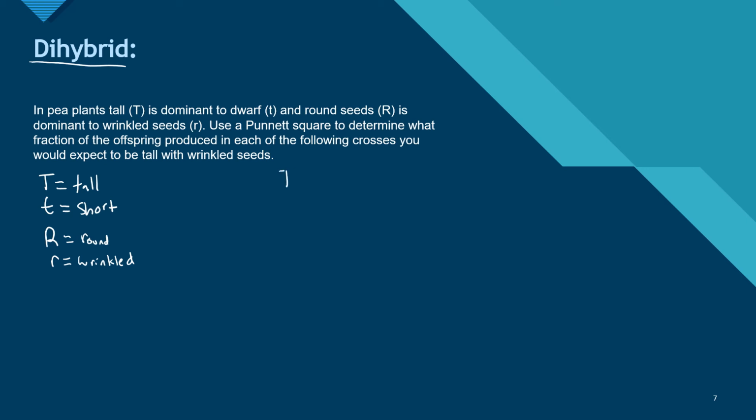So we have a tall, wrinkled seed. And now we have to understand the big T is dominant to the little t, so it's still tall. And a big R, which is round, is still dominant to the little r wrinkled seed. So we have to cross the two.